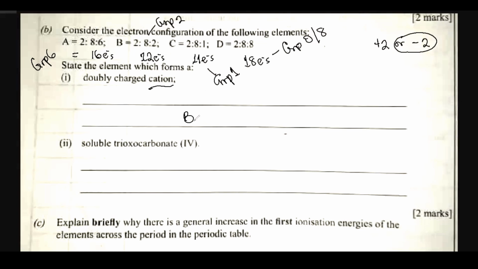Even though you know that this is magnesium, don't write magnesium, write B, the letter given to you in the question.